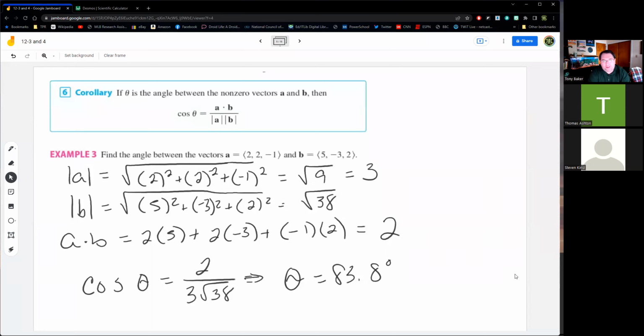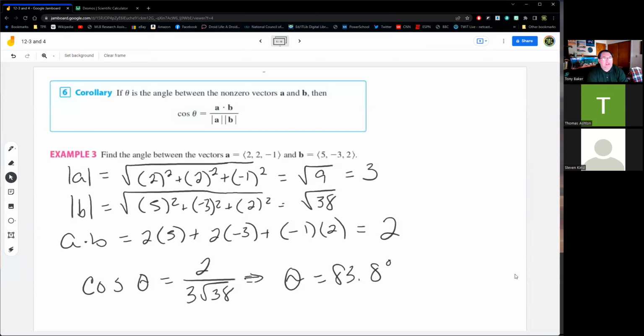All right. So we can now use this to figure out any angle between two vectors. So we now have a method to figure out the lengths of vectors, we have a method to figure out which directions things are, and now we can figure out the angles they make.